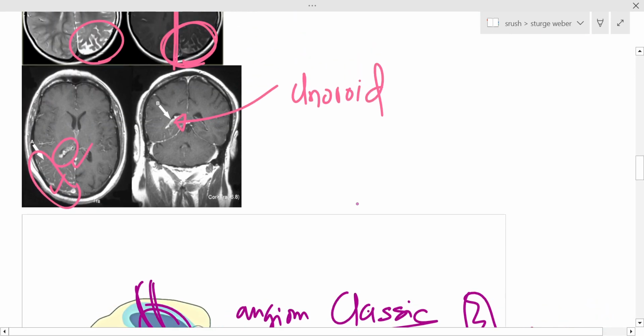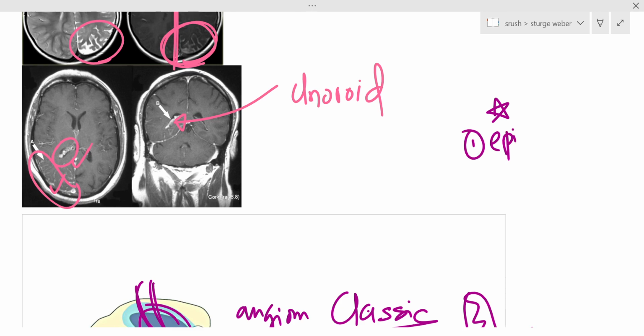So the classic presentation is going to be, first of all, epileptic seizures in the kid. The child can present with developmental delay, right?